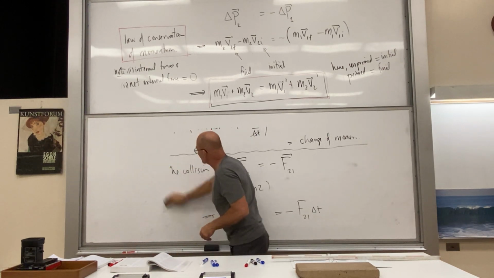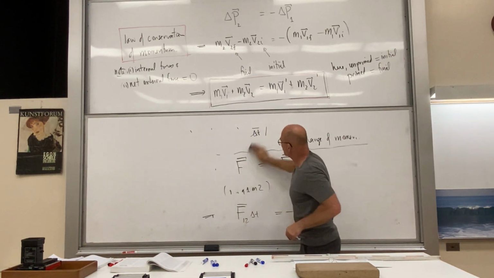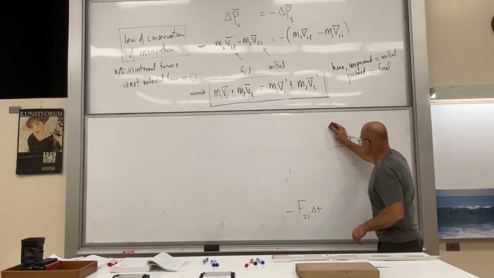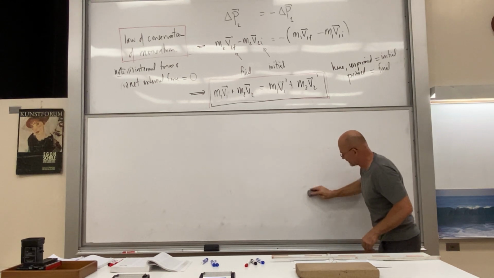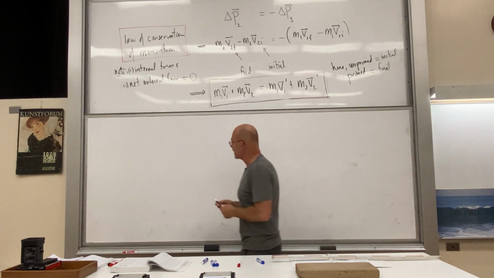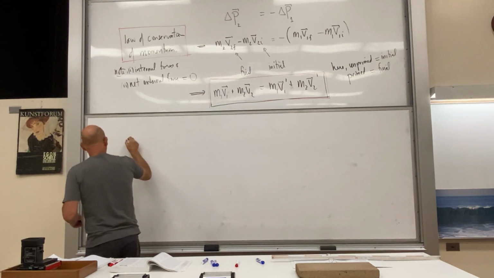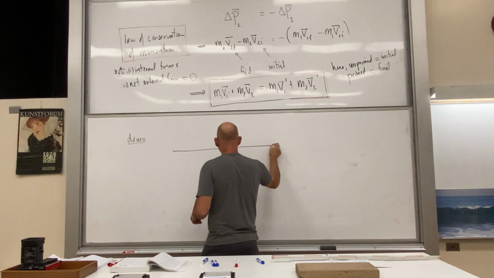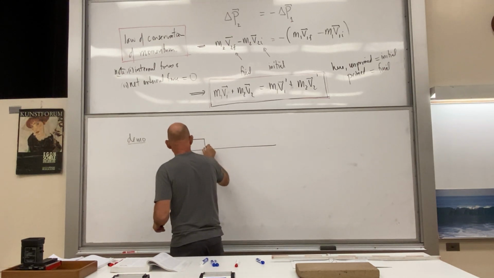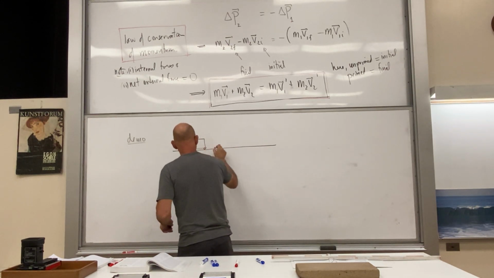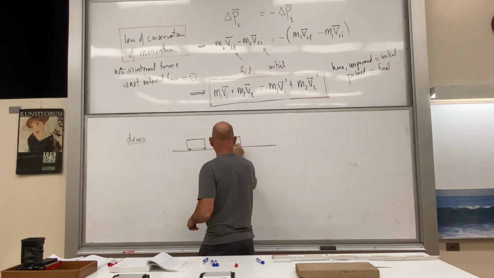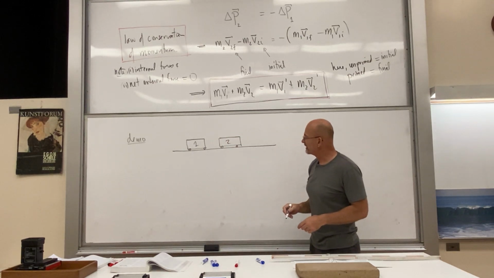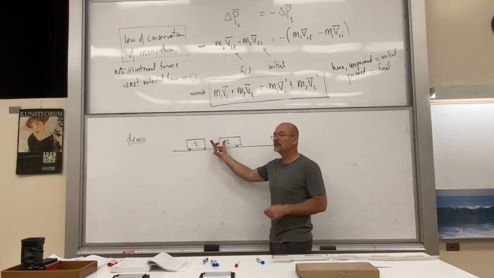I'll do a sketch for this, and then everything I've written here will be explained and illustrated. So we'll just refer to the demonstration. We had these 2 cars on the track, 1 and 2.